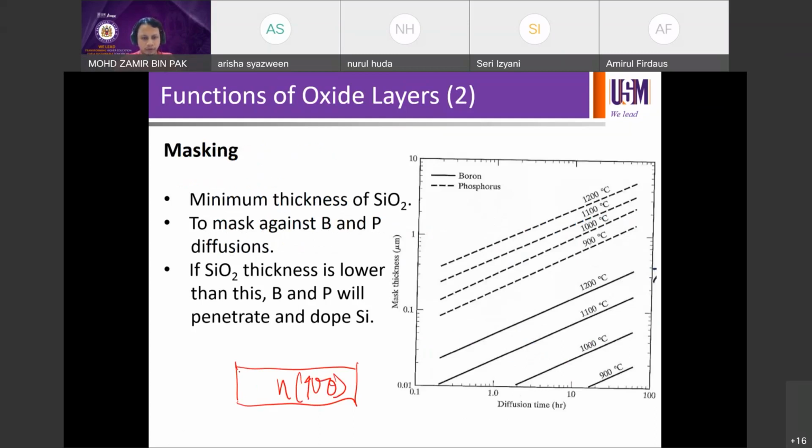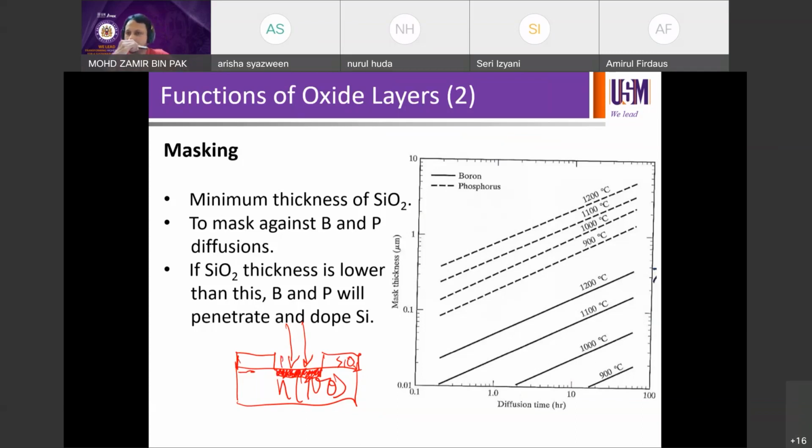Then you want to diffuse a very thin layer. Sorry, this is your oxide on the left and on the right. So you want to block the dopants on the left and on the right, but you want to diffuse this central part with boron to make it p-type, so that you have a p-n junction, right?